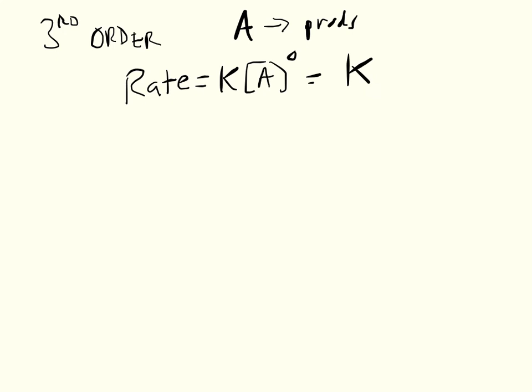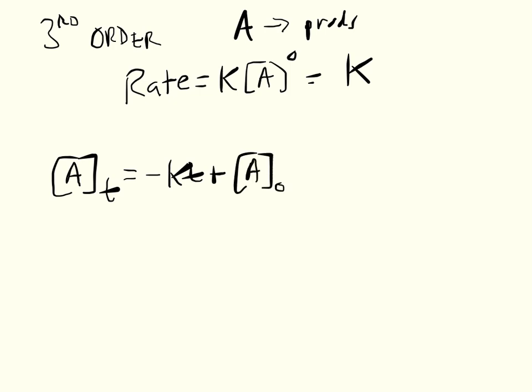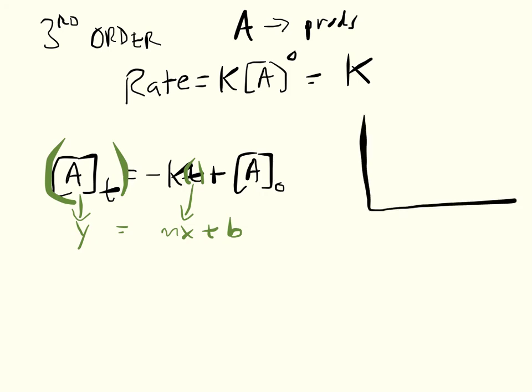So the derivation of this, we would get an equation that says concentration of A sub t equals negative KT plus A sub naught. Again, if we apply y equals mx plus b, we see that if we plot A sub t on the y-axis and t on the x-axis, the negative slope of that line will be equal to our rate constant.